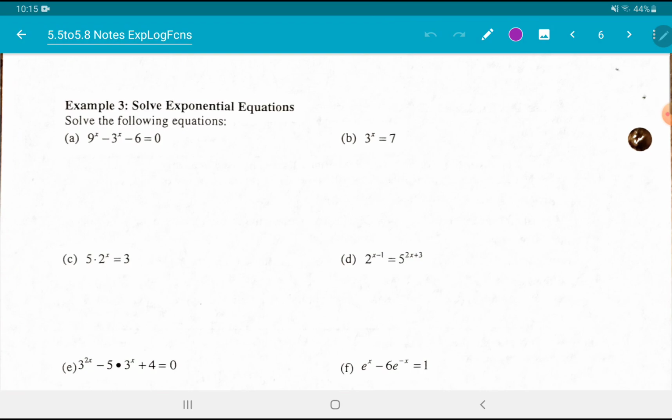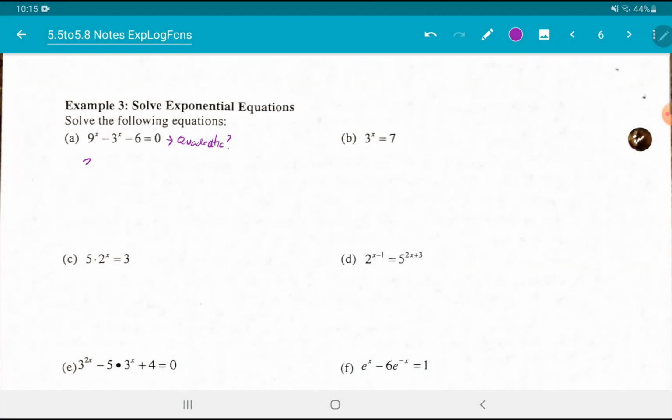Those aren't really common terms that we can solve for. Instead, if it does look familiar, hopefully what you're saying to yourself is, is that a quadratic? Can we make that a quadratic? That's what you want to try to do. In this case, if you think about what our base value is in the exponential, we have a base of 3.